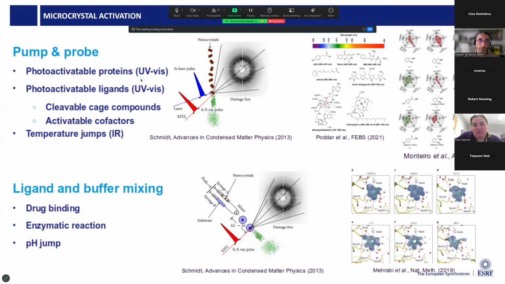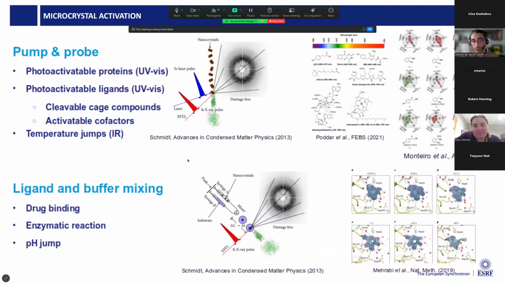So this makes it possible to work with photoactivatable proteins and photoactivatable ligands, and we can think also about using cleavable cage compounds and activatable cofactors, and possibly also temperature jump using short infrared pulses.